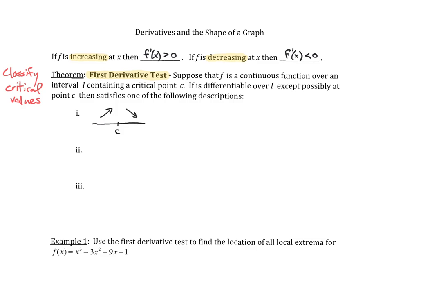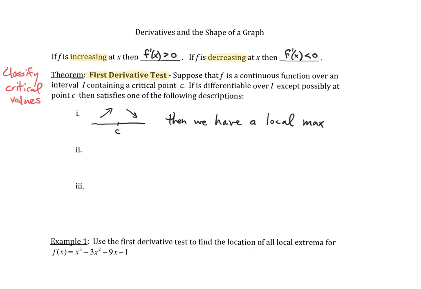So when you have this situation, then we have a local maximum. If the function increases, then you hit your critical value, and then it decreases right after, that means that c was a local maximum right there.